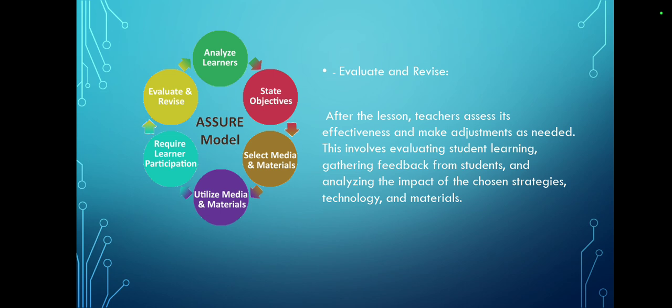This involves evaluating student learning, gathering feedback from students, and analyzing the impact of the chosen strategies, technology, and materials. By gathering feedback from students, we will know the result and how effective what we did was. And we need to analyze the impact of the chosen strategies, whether we still need to improve or what should be done.